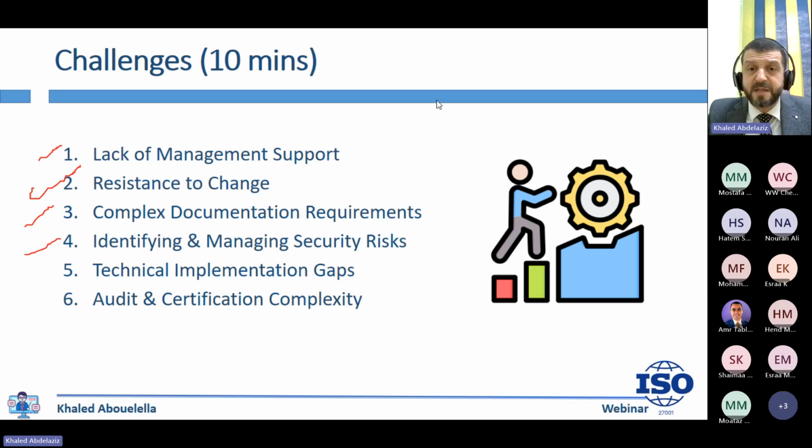Identifying the security risks, yes, it's a challenge. Identifying the security risk itself is a challenge. And I will not be overstating when I say it could be impossible to implement an information security risk assessment without the right expertise to conduct risk assessment.